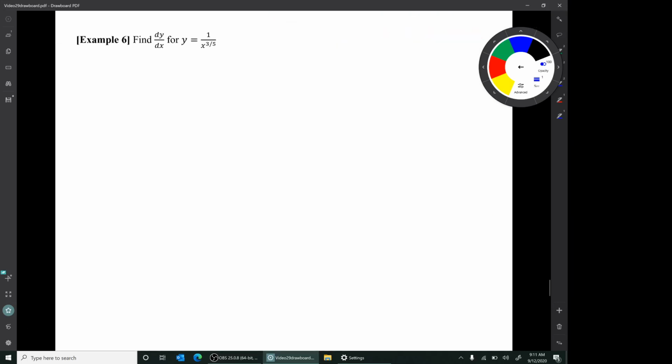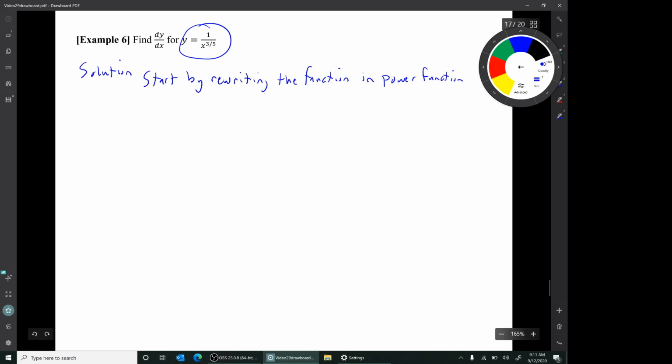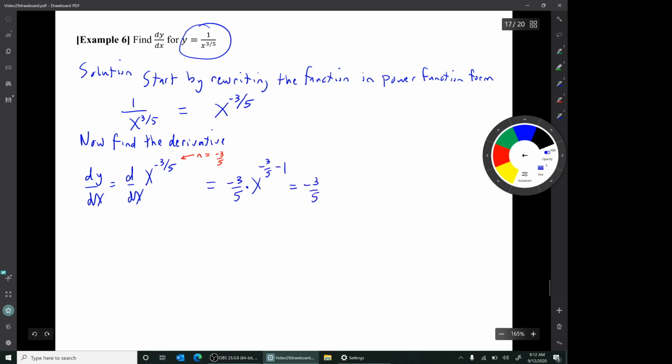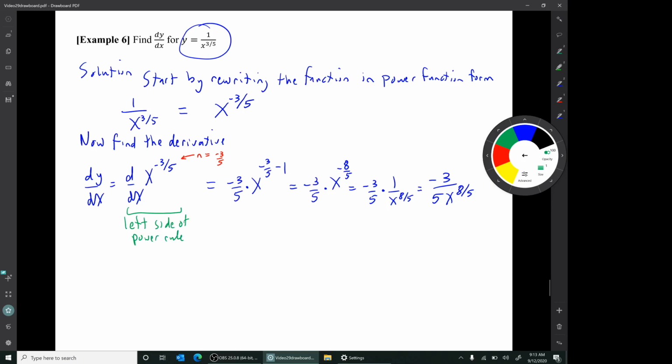Example 6, find dy dx for this function. So we have to start by writing the function in power function form. Then you find the derivative. So notice the format, left side of the power rule, which has a d over dx and does not have any arithmetic going on.